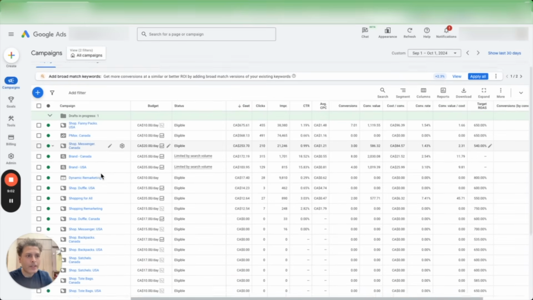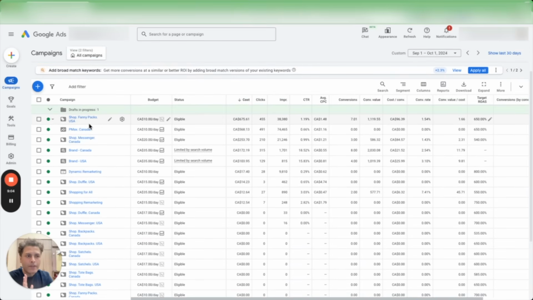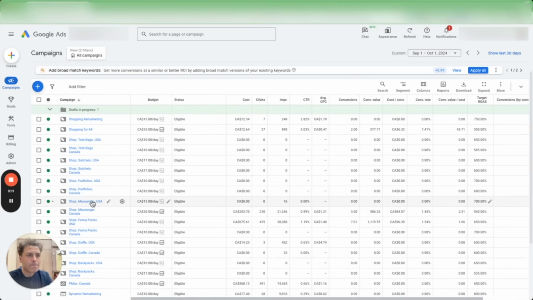You will see that we are running fanny packs in USA. Let me go campaign wise so you have a better understanding. This tote bags campaign is for all: I am targeting all of these products in this specific campaign, with a different bidding strategy and a different goal, just to make sure we're getting a good amount of money out of this campaign as well.